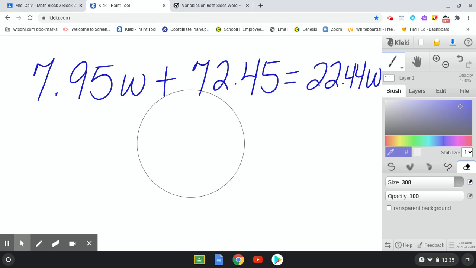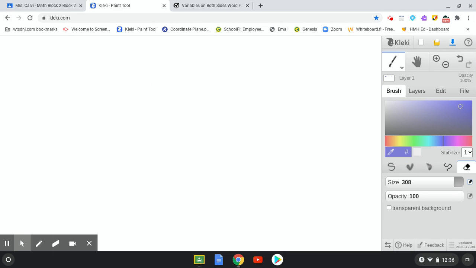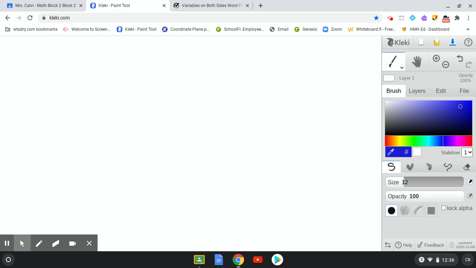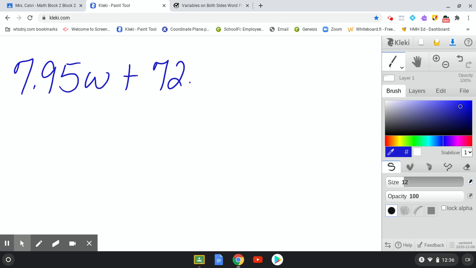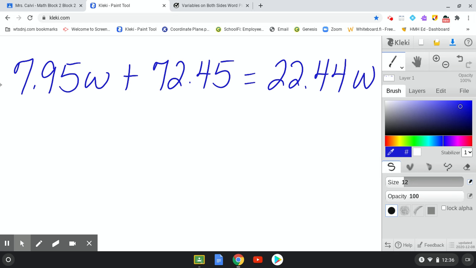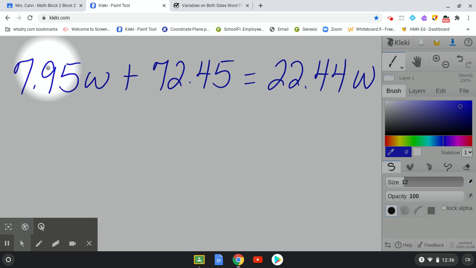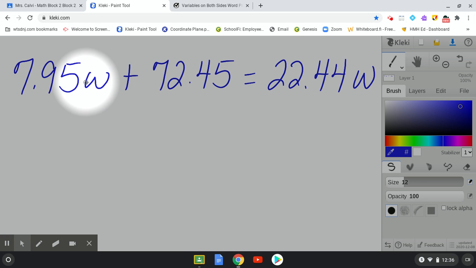All right, let me just rewrite this so it's not so squished in. I need to write tinier. So it was $7.95 per week plus the cost of the console for her first option. And her second option was to pay $22.44 per week. Okay, so first option, $7.95 for the game per week plus the cost of the console.